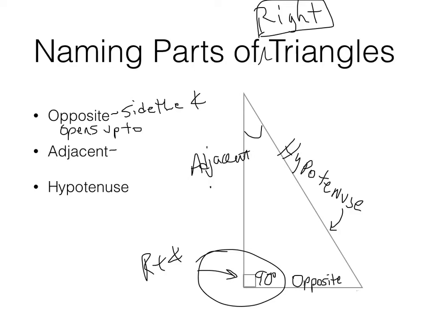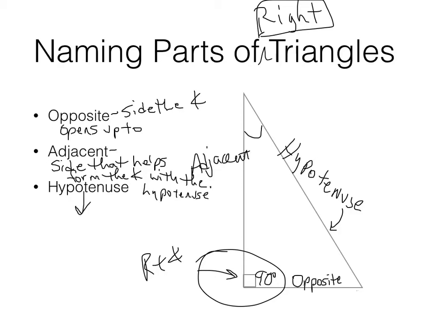And the adjacent side is the side that helps form the angle. With the hypotenuse, the hypotenuse is always opposite the 90-degree angle. Okay, and we know that. Okay, so opposite and adjacent sides change depending on what angle you're talking about.